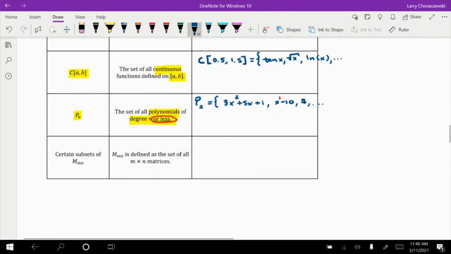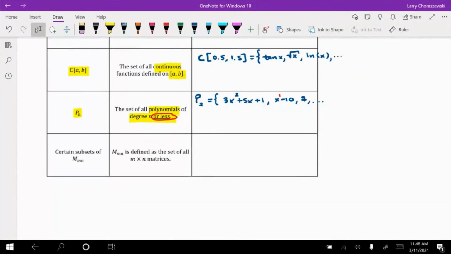Certain subsets of m by n matrices form subspaces. So here we're seeing a second instance of capital M with some subscripts. And we worked with a set yesterday, M sub 2,2, which consisted of the set of all matrices that have size 2 by 2.